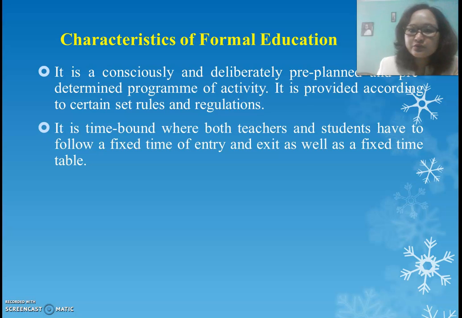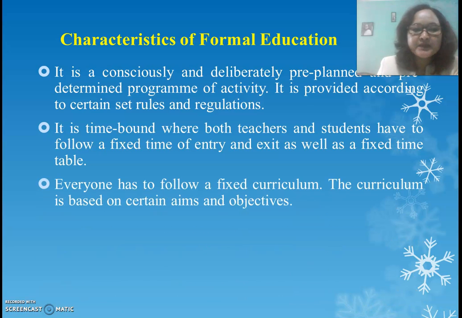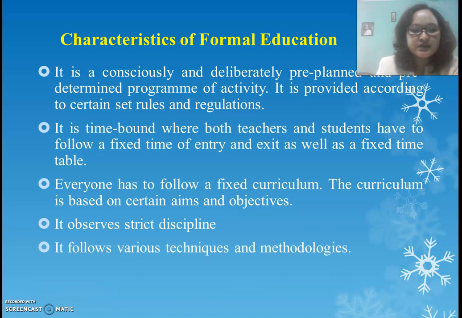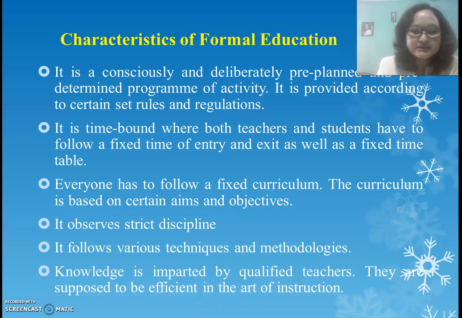It is time bound, where both teachers and students have to follow a fixed time of entry and exit as well as a fixed timetable, and everyone has to follow a fixed curriculum, based on certain aims and objectives. It observes strict discipline, rules and regulations. It also follows various techniques and methodologies in the teaching-learning process. And knowledge is imparted by qualified teachers, who are supposed to be efficient in the art of instruction.